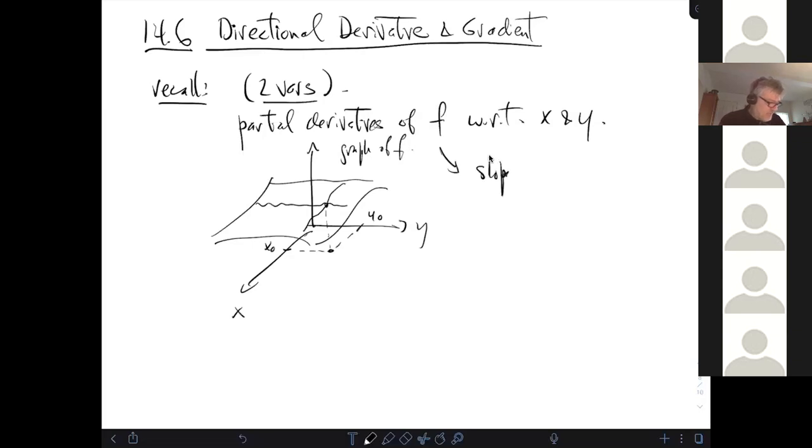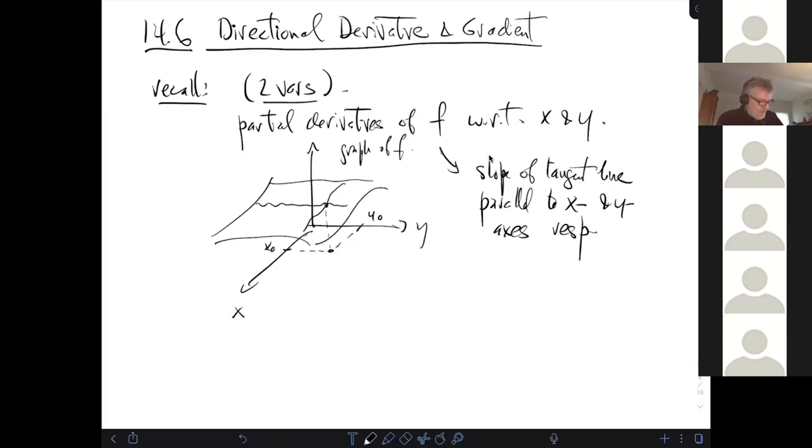So these give us the slope of the tangent line parallel to the x and y axes. So we found slopes in those two directions. But it'd be interesting to get the derivative in any other direction, right?